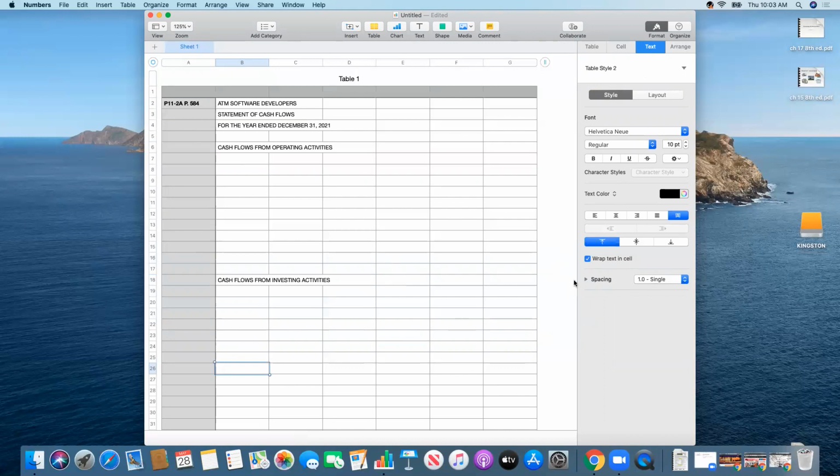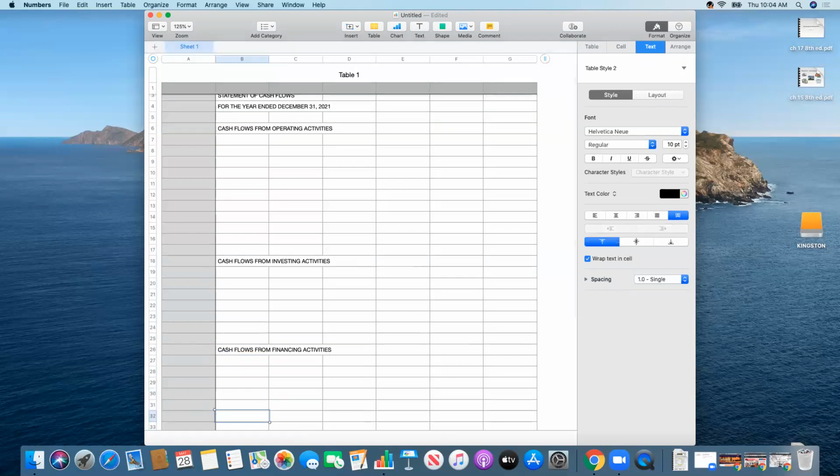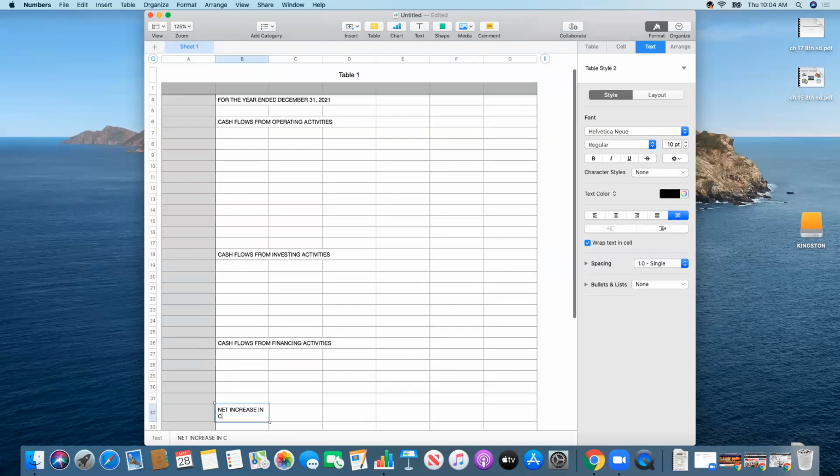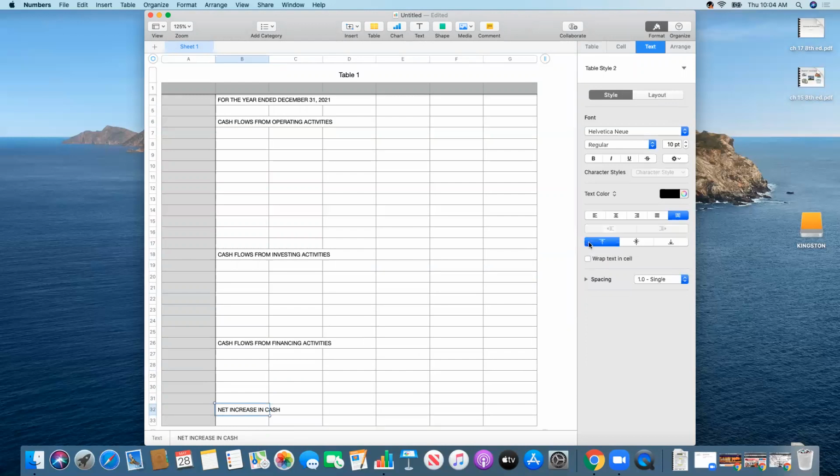And cash flows from financing activities. Right? And then we're going to wind up with net increase in cash. And we already know what that number is. It's 3,765.